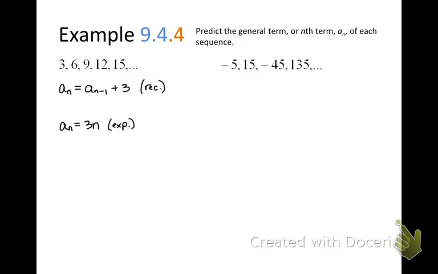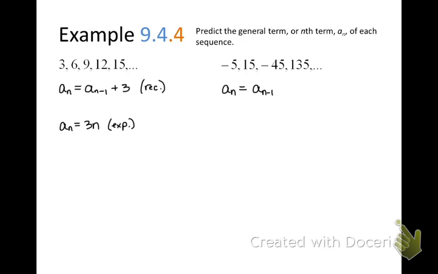Okay, the next one gets just a little bit trickier. So let's first define it recursively, because we know that that will be easier. Okay? So what do I do? First of all, if I want to base this off of the term right before it, then I'm using a sub n minus 1. What am I doing to a sub n minus 1?